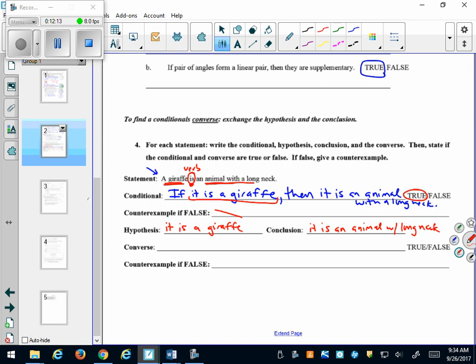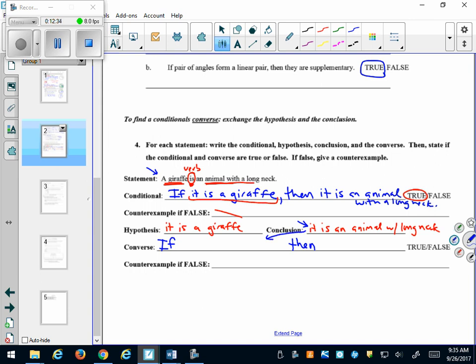The converse, then, we're just going to switch the place of those two things. So we're going to start with the word if. So a converse still has the word if, and it still has the word then. But we're going to switch the hypothesis and the conclusion. So the conclusion is now going to become the hypothesis.